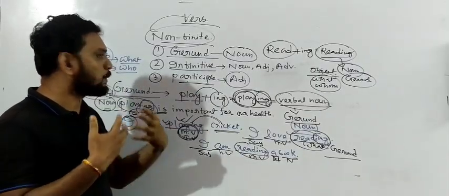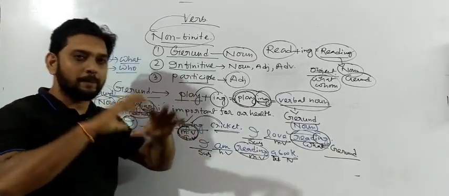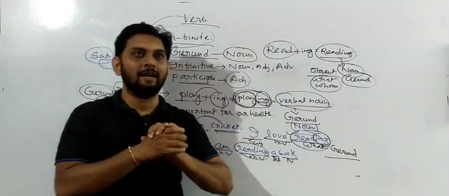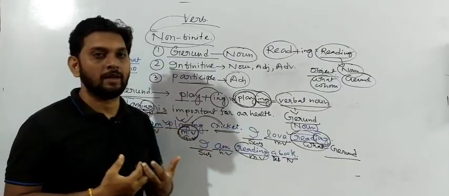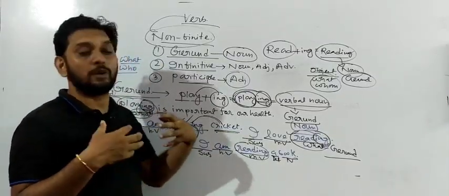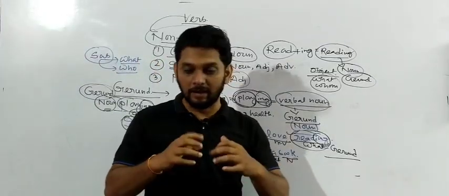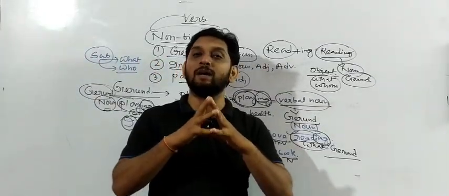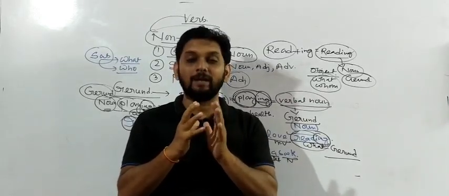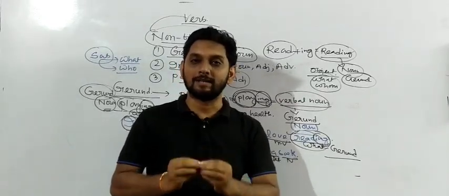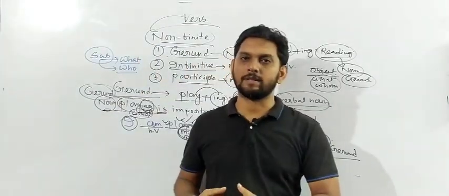Later on I will go deeper into this topic, because it is a very vast topic, the heart, or you can say the backbone, of the English language. And unless you have any idea about the non-finite verb, you are not fully committed to grab a great opportunity to learn the English language. That's the reason I have addressed all this concept. I think all of you should understand this concept.